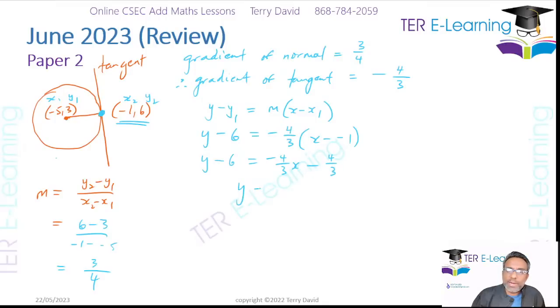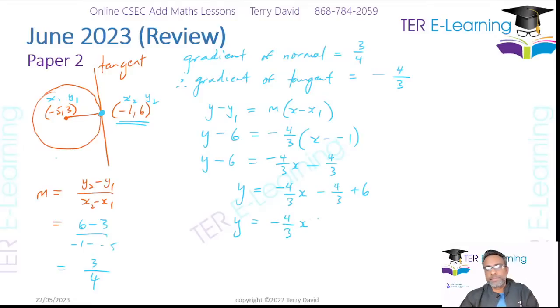So therefore, y is equal to minus 4 over 3 x, minus 4 over 3 plus 6. So I'm getting plus 14 over 3.